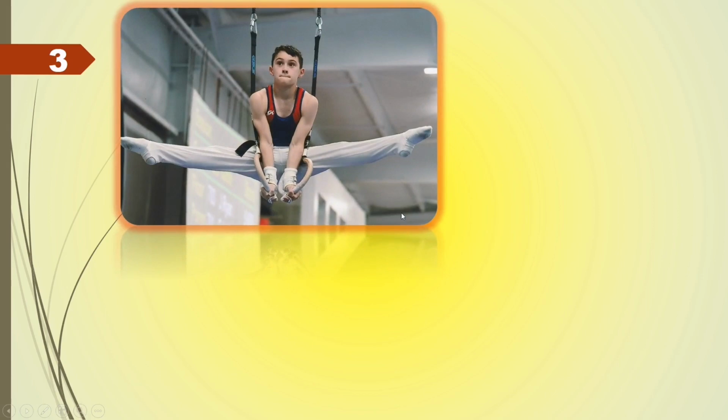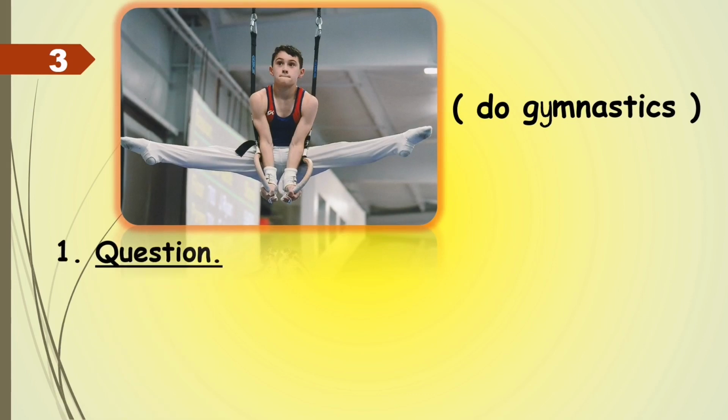The third picture. Look at the picture and the phrase given. Do gymnastics. First, ask a question based on the picture. Begin your question with what, then the verb to be. In the picture, there's only one person. Let's use the special subject you.